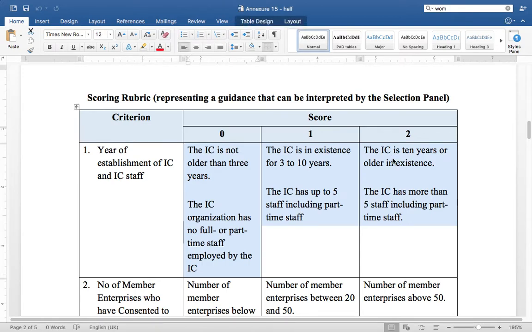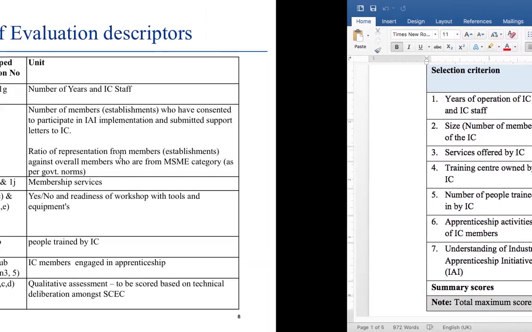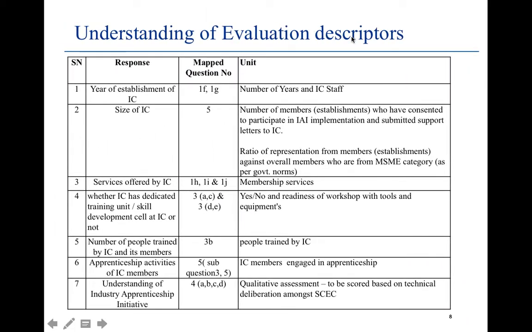Now, to help the SCEC further in understanding which part of the IC application form gives this information, this is where the evaluation descriptors come into the picture. Year of establishment of IC is mapped with question number 1F and 1G. Here the units are number of years and IC staff. So the evaluation will look into the number of years and IC staff.